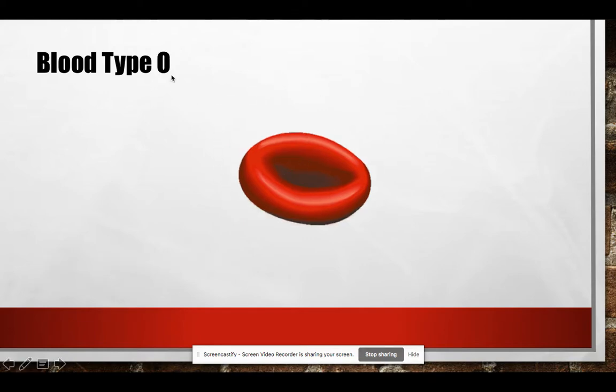Okay? Type O blood is not going to have any antigen on the surface of the red blood cell. It's going to be completely blank. And if I have nothing on the surface of my red blood cell, well, then the opposite is going to be the case for my plasma, right? I'm going to have everything. I'm going to have both A and B antibodies swimming around in my plasma.